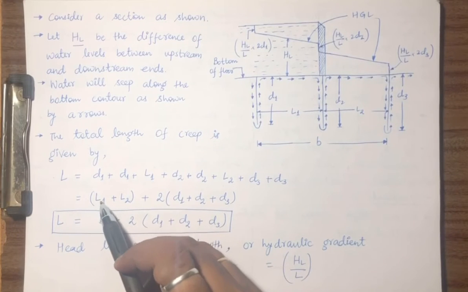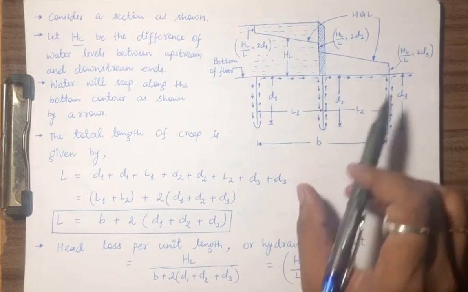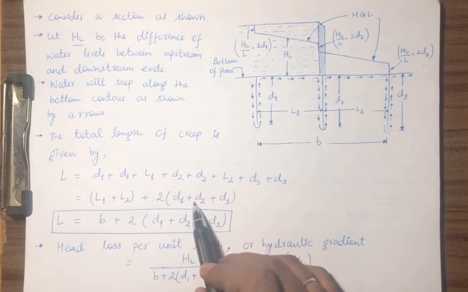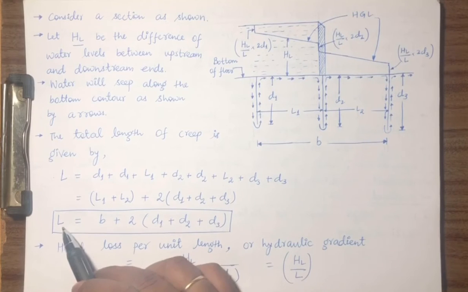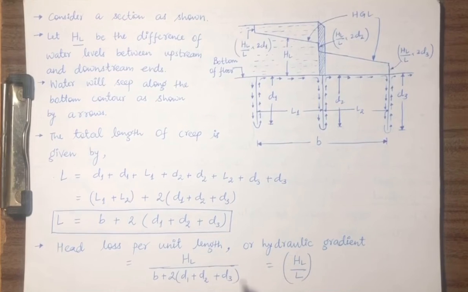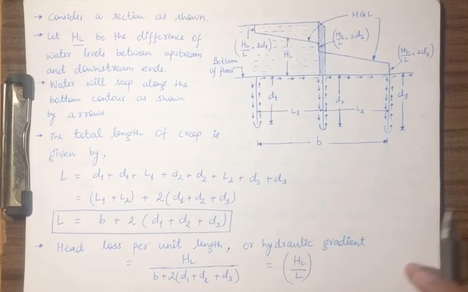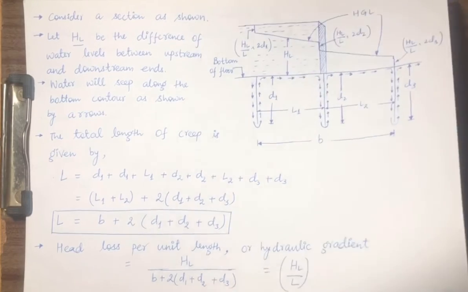How much will it be? L1 plus L2 is B, and 2 times D1 plus D2 plus D3, or L is B plus 2 times this. So head loss per unit length will be HL upon this total length. And HL by L is the hydraulic gradient.